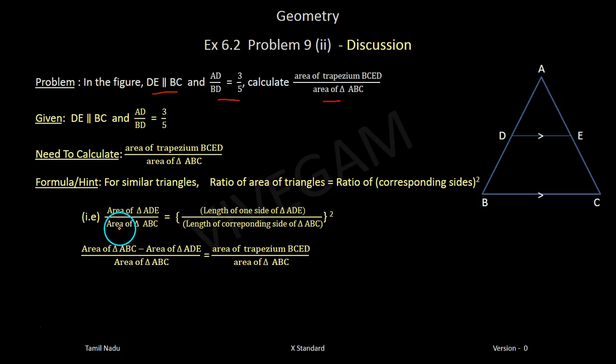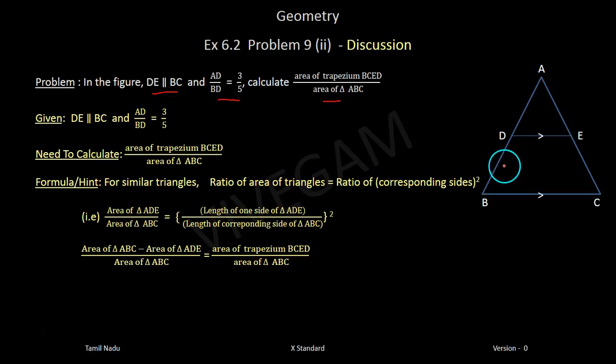Now the area of the triangle ABC minus the area of the triangle ADE divided by the area of the triangle ABC will be equal to some value. Okay, you have to do the same for the right hand side, which we will do in the solution. But what is the left hand side? Area of the triangle ABC minus area of the triangle ADE.